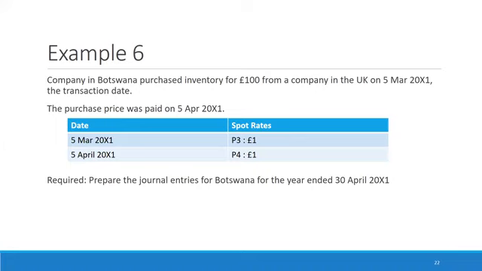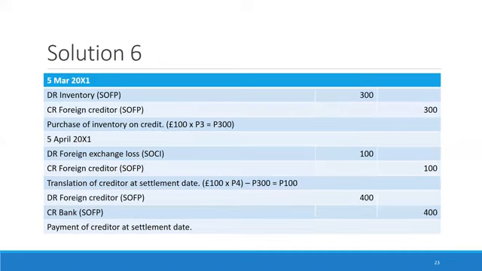Because are they going to be happy if we pay them 300 Pula on the 5th of April? No, they're not going to be happy because on the 5th of April, if we pay them 300 Pula, it's not going to equate to £100. They want their £100, no matter how much Pula that is going to be. So on the 5th of April 20X1, before we can simply make payment, we need to update our monetary item. What is our monetary item? Our foreign creditor.